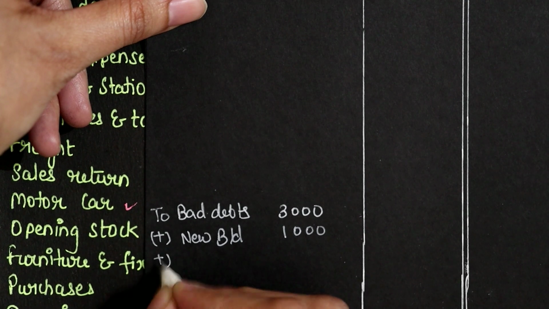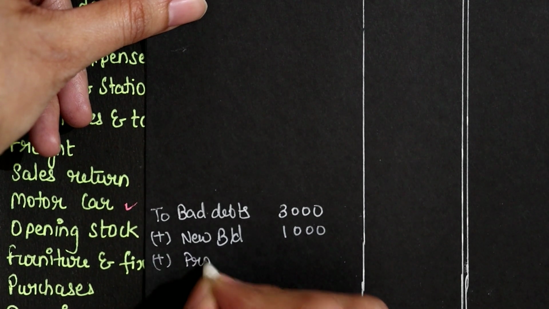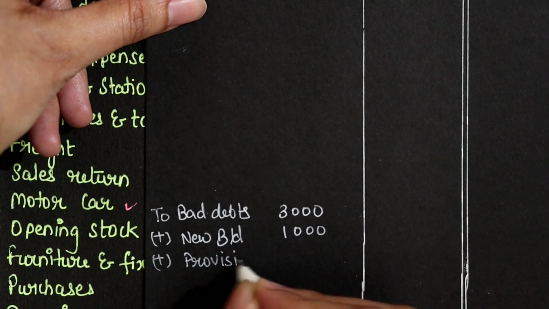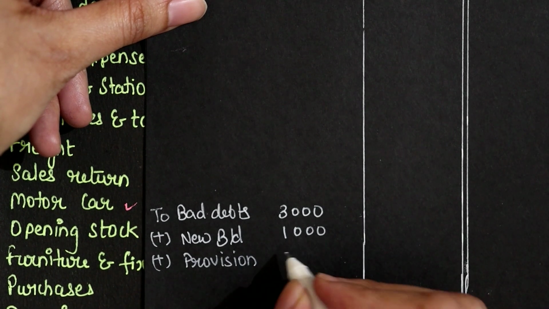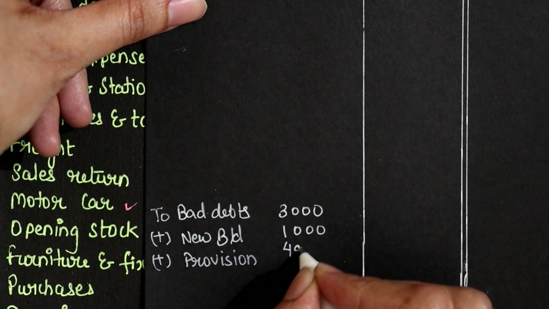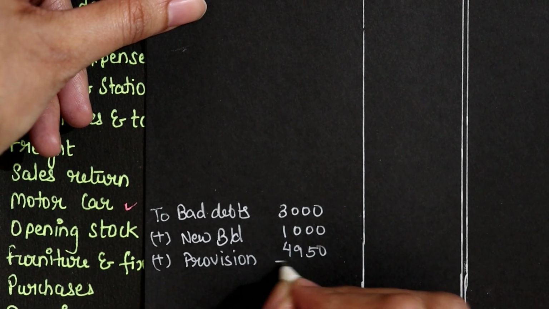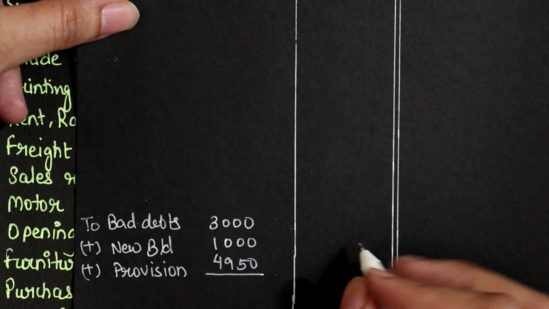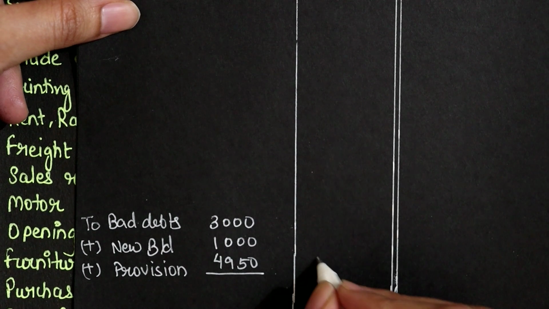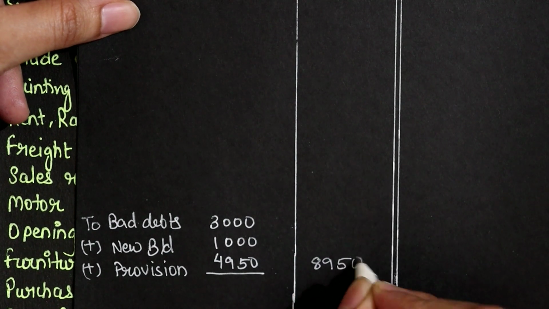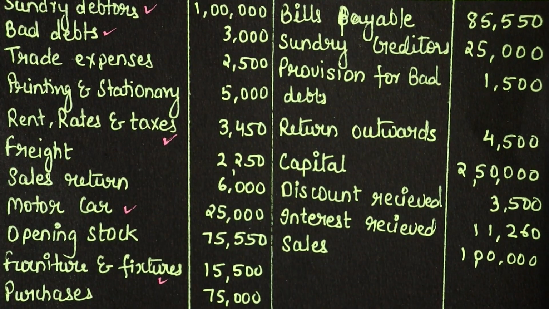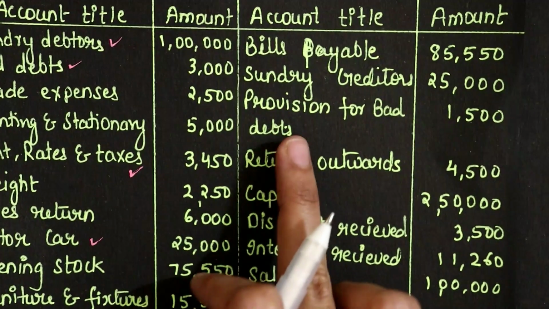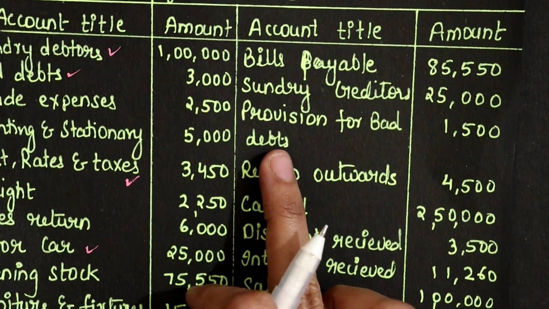Also add the new provision. Discount is not added to this. Provision is 4950, and I'll write the total of these three in the amount column, 8950.